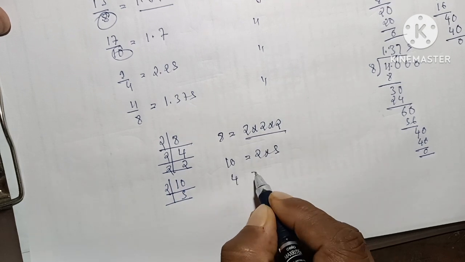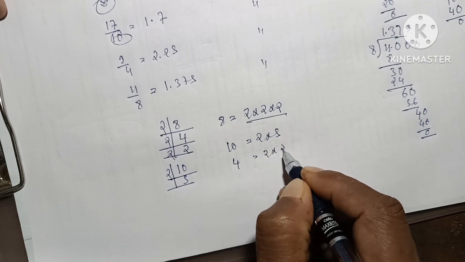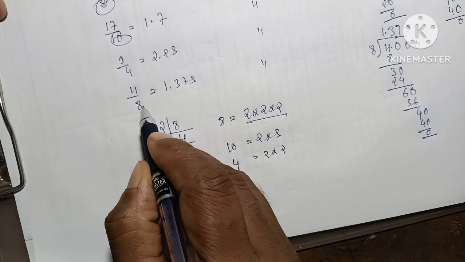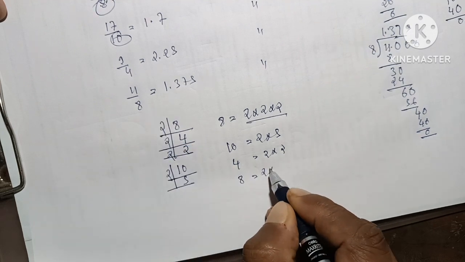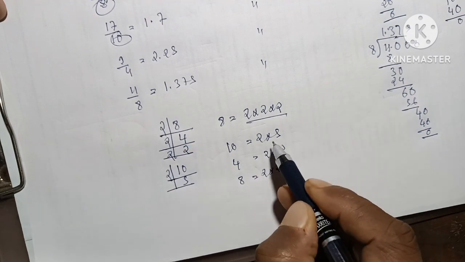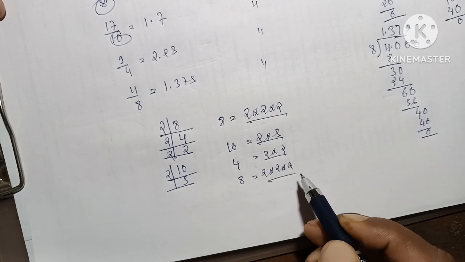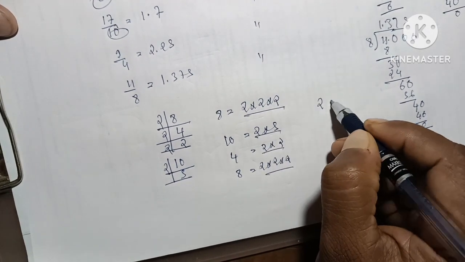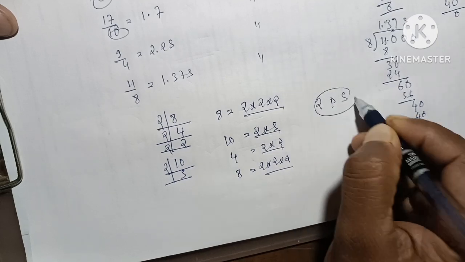And 4 also has prime factors 2 into 2, so 2 is the only prime factor. 8 I already said, 2 into 2 into 2. These are all numbers that have only the prime factors 2 and 5.